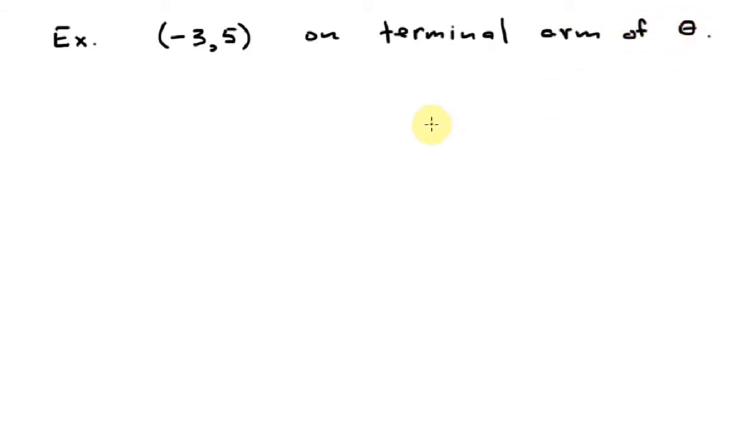Okay, so we're given that information. And from that, we should be able to figure out what is the cosecant of theta, the secant, and even the cotangent, just as easily as we could figure out sine, cosine, and tangent. So how do we do this? Well, I'm going to first throw a little grid on the screen here.